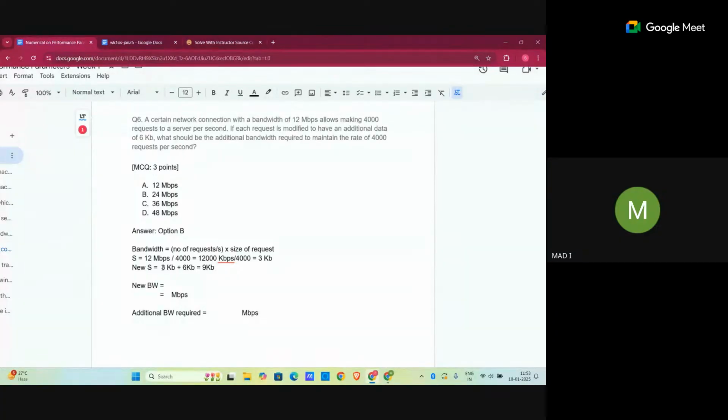Now what will be the new bandwidth? Bandwidth is number of requests per second into size of request. The number of requests per second is given as 4000, so new bandwidth will be equal to 4000 into 9 kb.